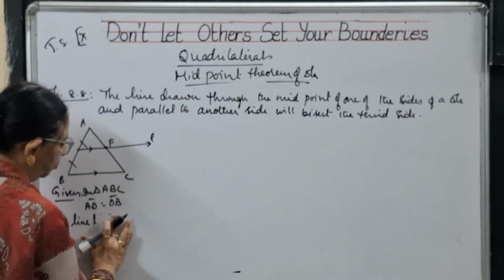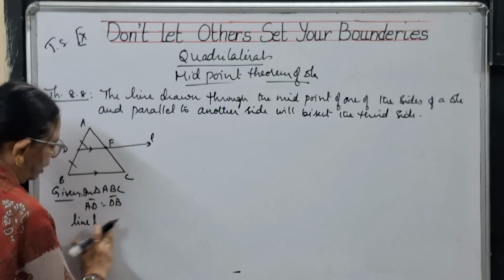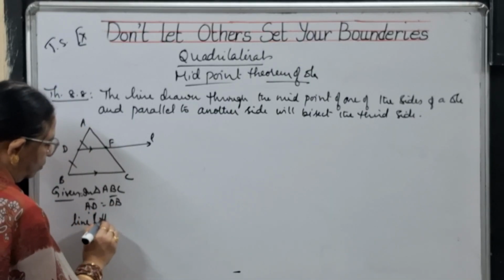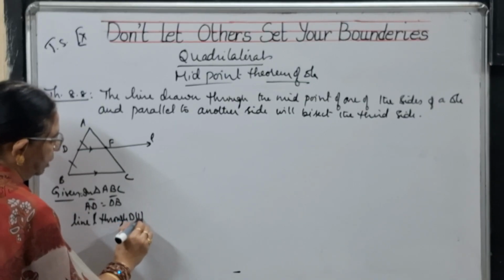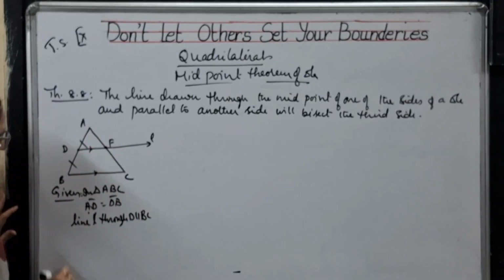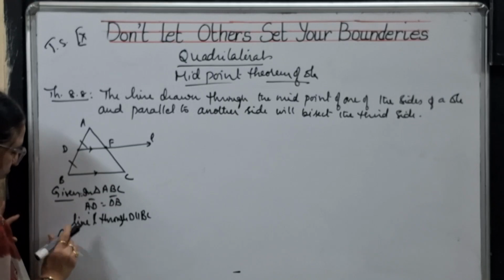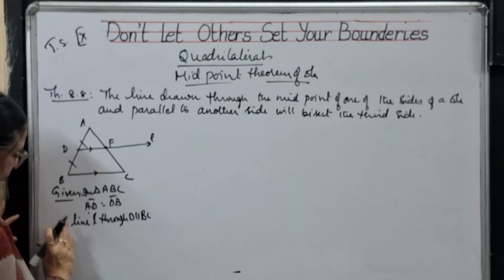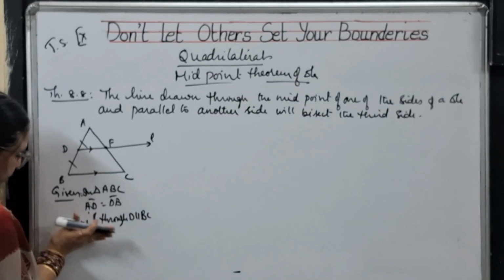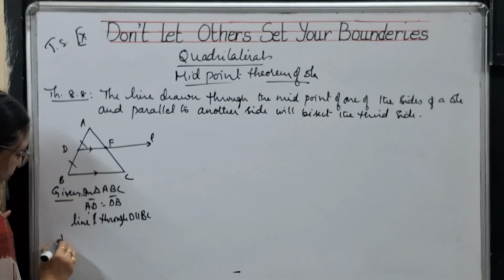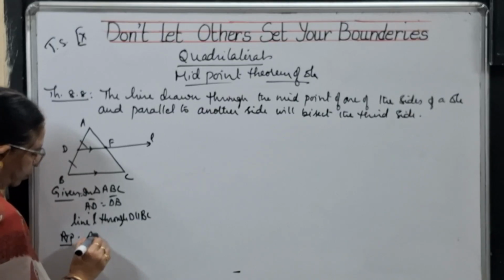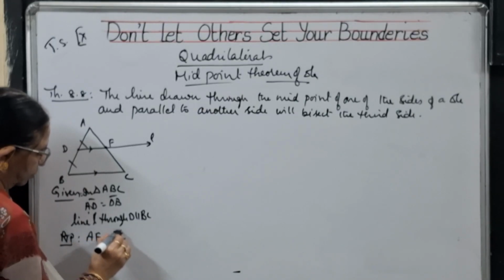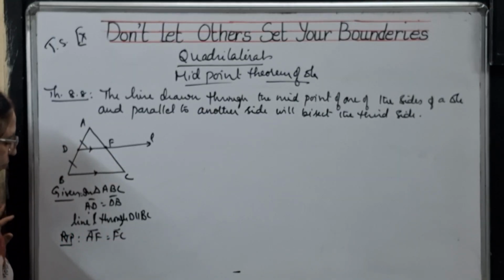Line L through D, I'll write, line L through D is parallel to BC. Now here we need, what is RTP? First we have to prove, RTP, required to prove, we need to prove that AF is equal to FC. This we have to prove.